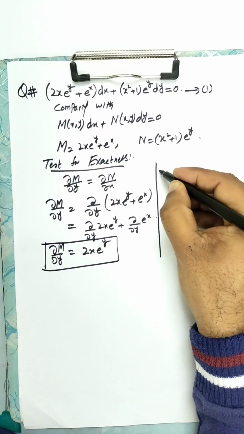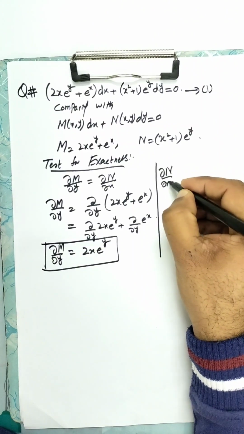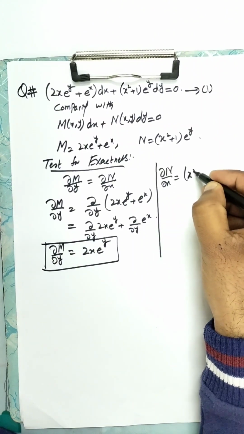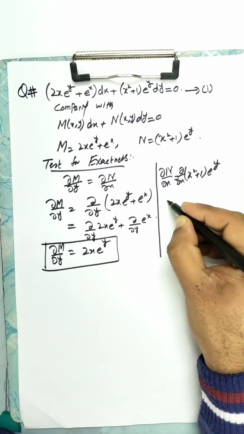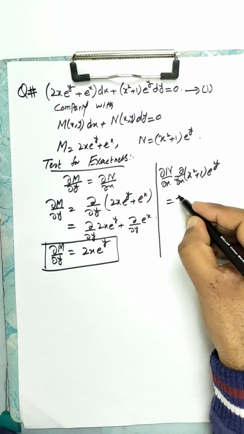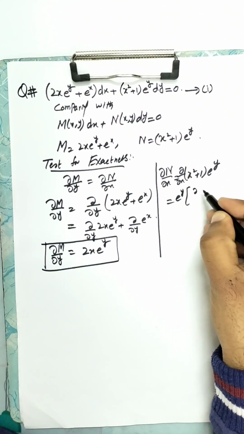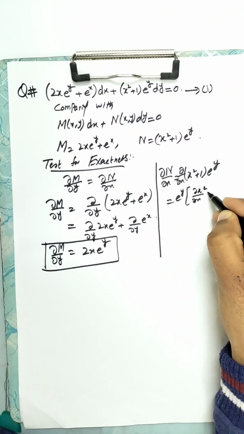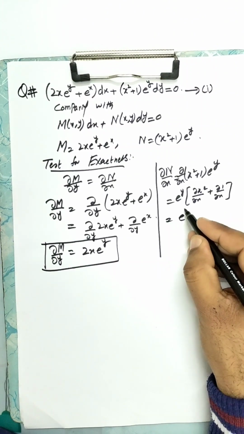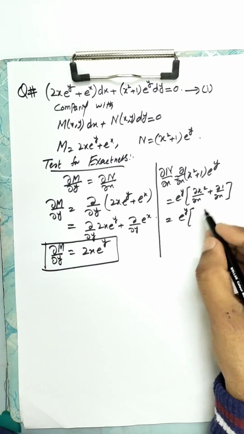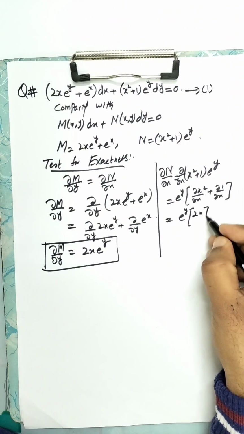Now we find partial N over partial x, which is partial over partial x of x square plus 1 times e raised to power y. So e raised to power y simply behaves as a constant, and we take partial of x square over partial x plus partial of 1 over partial x. The derivative of x square is 2x, and the derivative of 1 is 0.